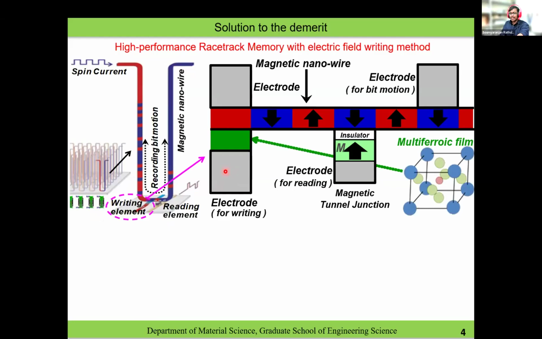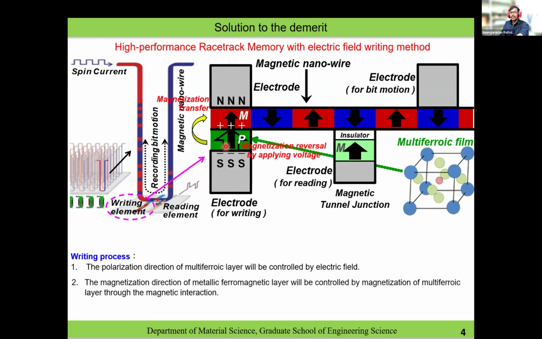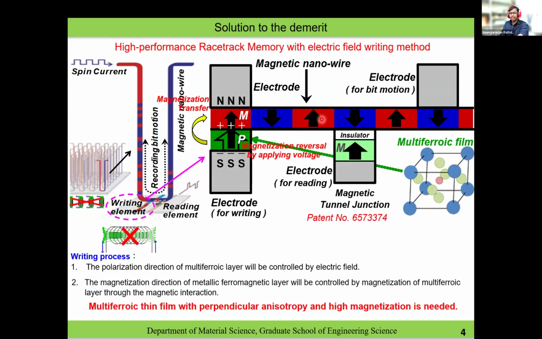And how exactly I can write data in the multiferroic thin films: there is ferroelectric polarization, I can create this polarization by giving an electric voltage difference, and it will create magnetization. As a result, I can write data in the nanowire. So this is the patent we have made, and now we're working on how to get the material for this application. The important thing here, we need some material with very high perpendicular anisotropy and high saturation magnetization.